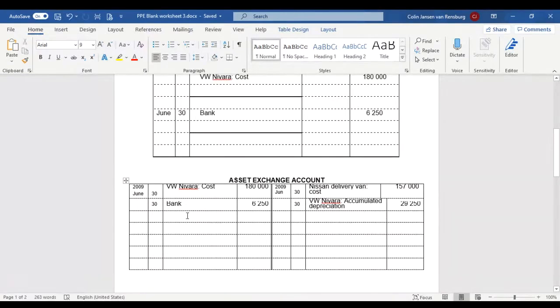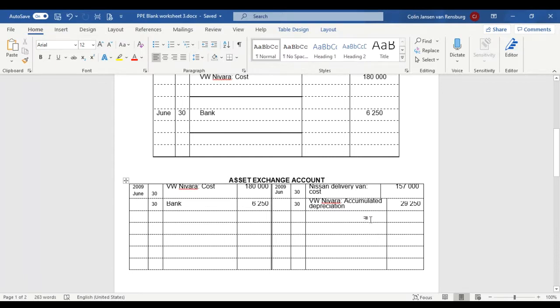So it had been coming from this side of the asset exchange account. If you need a figure there to make a balance, it means it'll end up on the credit side of the destination account, which means that will then be a profit on the exchange of assets.